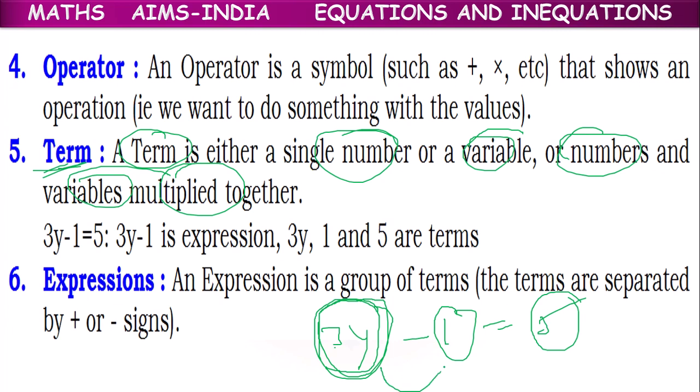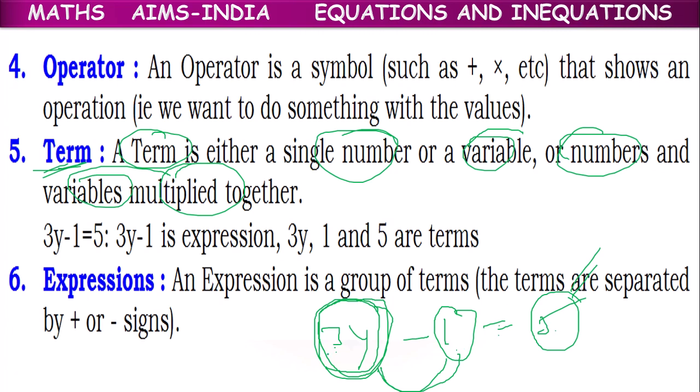The difference of these two terms equals the third term. So here 3y, 1, 5 are terms.